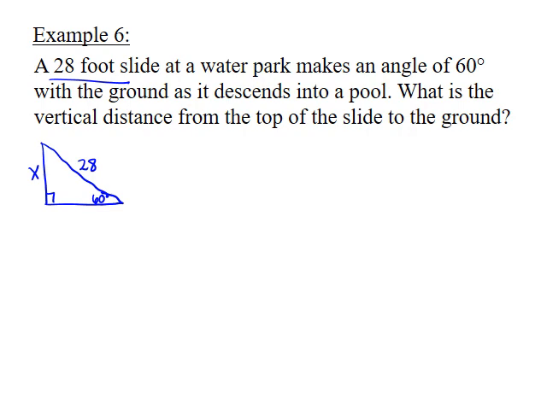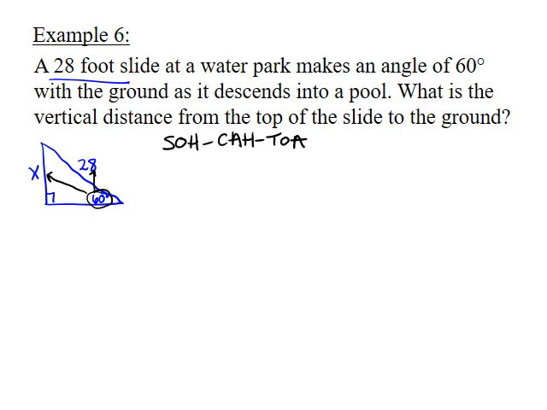Now, we could find this missing side if we wanted, but we don't quite have all the information we need just yet. So what we should do is look at the things we do have. And we have this angle, 60 degrees. We have the hypotenuse, and we're interested in the side opposite of 60 degrees. Well, since I have a right triangle, I can think of SOHCAHTOA here.